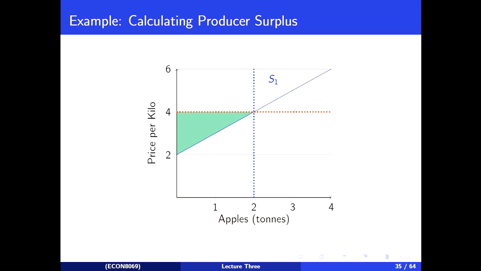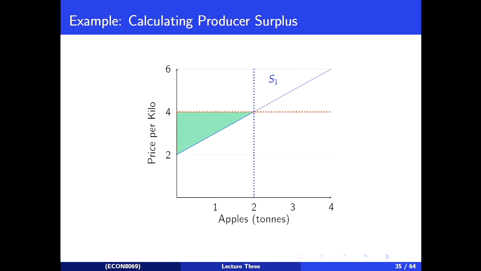Surplus is typically measured in dollars, yes, but you want to be a little bit careful, because when I have price per kilo here, it's a bit fiddly. Here the surplus is actually $2,000, because this is dollars per kilo and this is tons of apples.